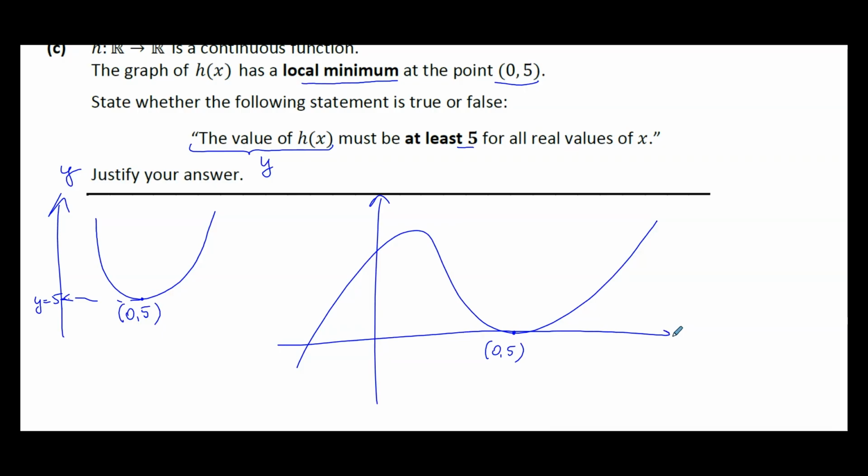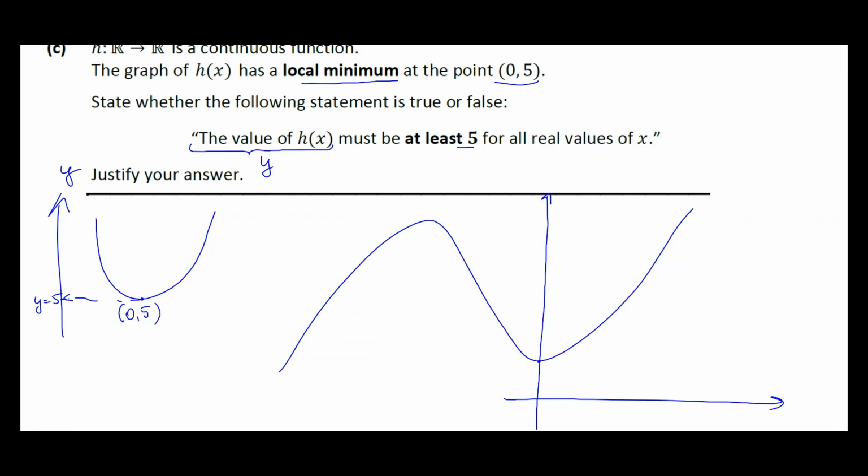Sorry, again, wrong place. My apologies. I keep writing the x-axis in the wrong place. Hold on. Now I got that right. Okay, so (0, 5), that's 0 for x and 5 here for y.